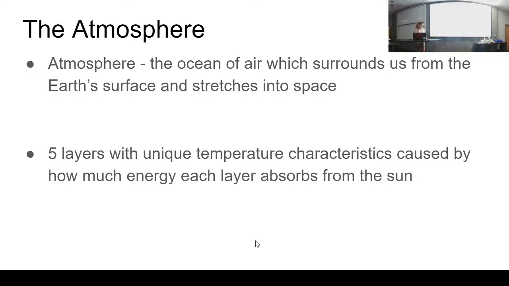And then we also know that for the atmosphere, there's 2 types of gas. We have permanent gases and we have variable gases. Remember our permanent gases: 78% nitrogen, 21% oxygen, and 0.93% argon. Those are our 3 permanent gases: nitrogen, oxygen, and argon.